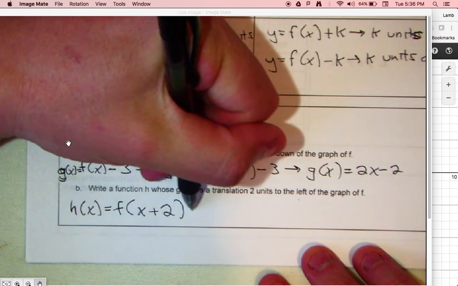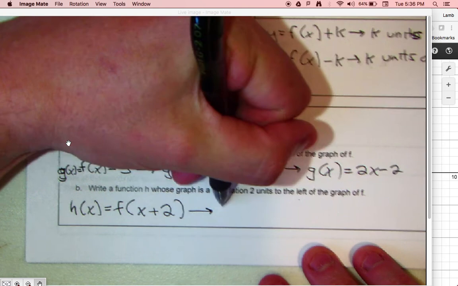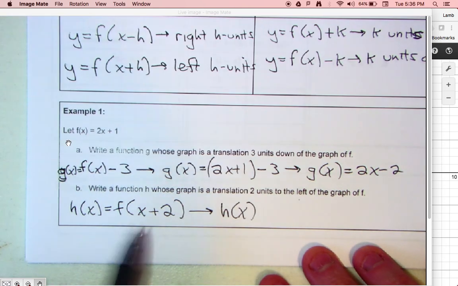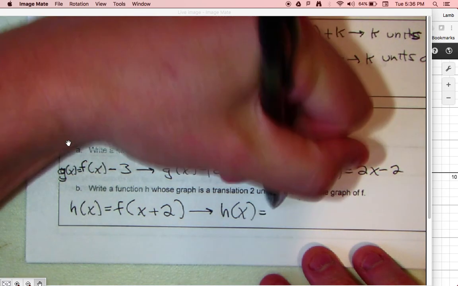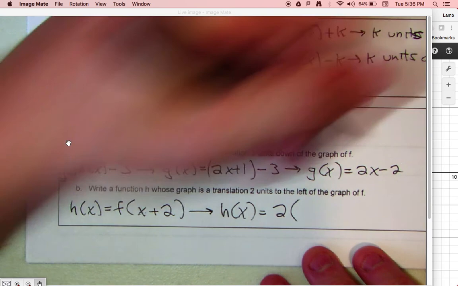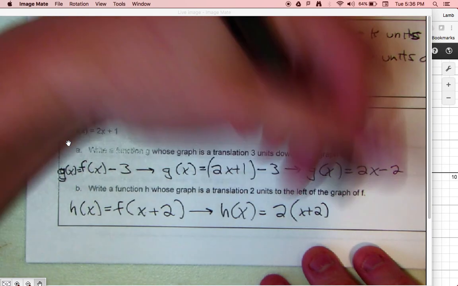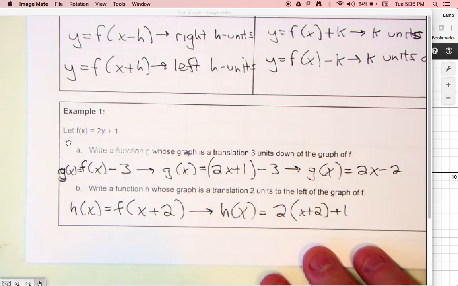Alright, so what's the next thing we got to do? We have to take this x plus 2 and substitute it in for the x in function f. So that's going to look like this: 2 parentheses, we replace the x with x plus 2, and we still have our plus 1 out there.